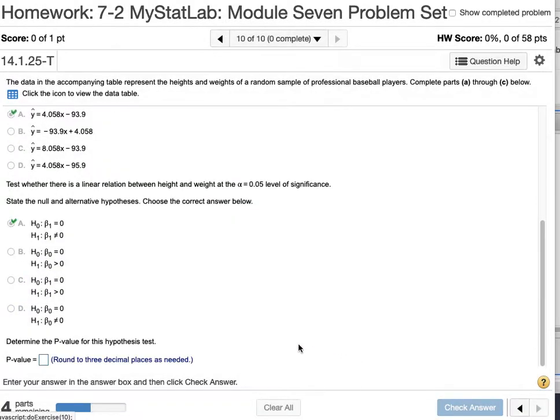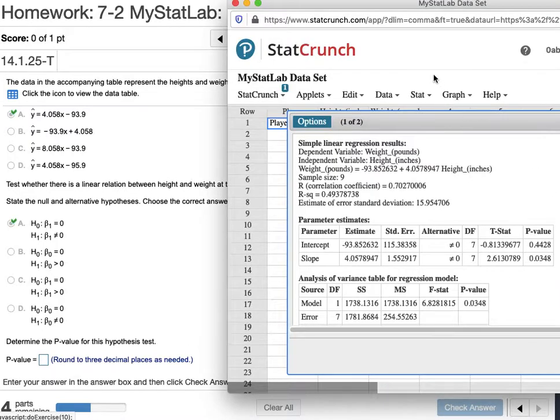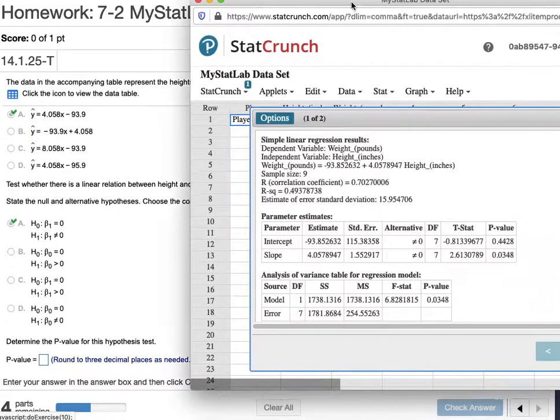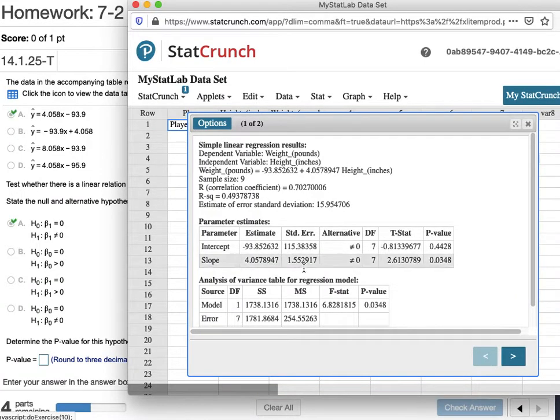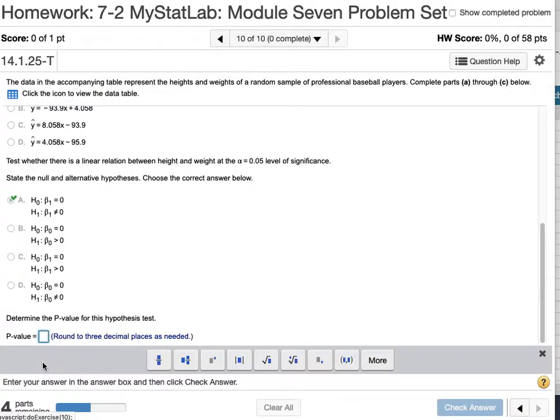All right, and then determine the p-value for this hypothesis test. So we look at the p-value for the slope, and that's 0.035.